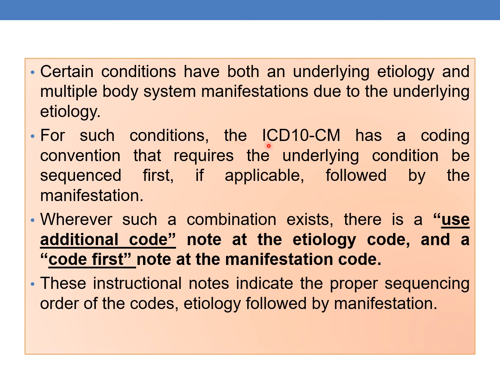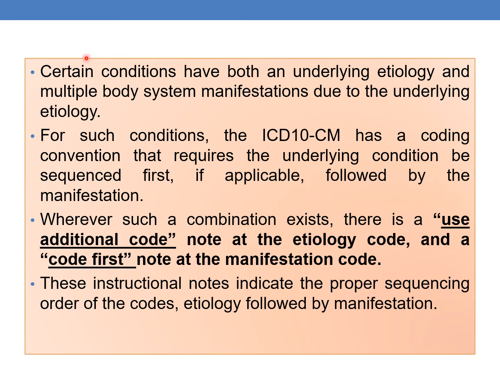For such conditions, ICD-10-CM has a coding convention that requires the underlying condition to be sequenced first, if applicable, followed by the manifestation. Whenever an underlying etiology causes manifestations, the etiology code should be coded first and next the manifestation code. Whenever such a combination exists, there is a use additional code note at the etiology code and a code first note at the manifestation code.